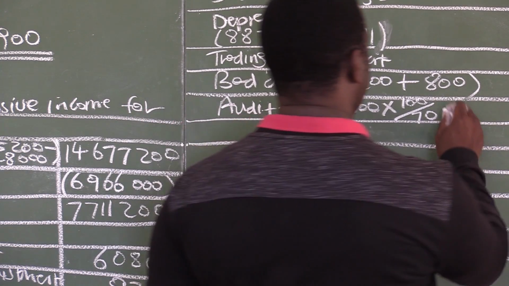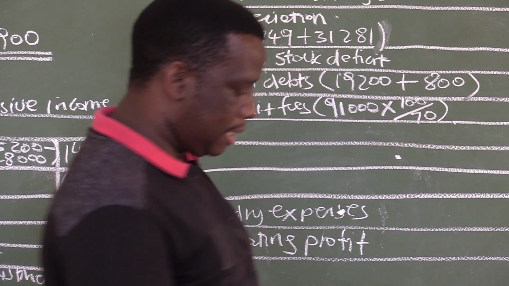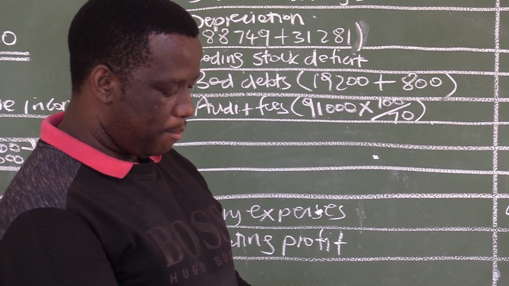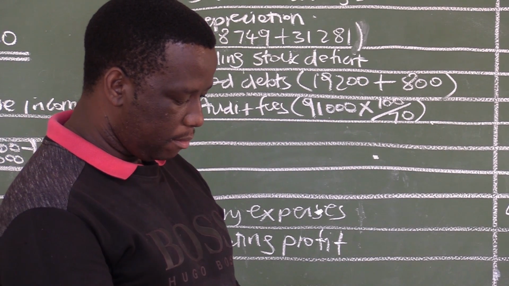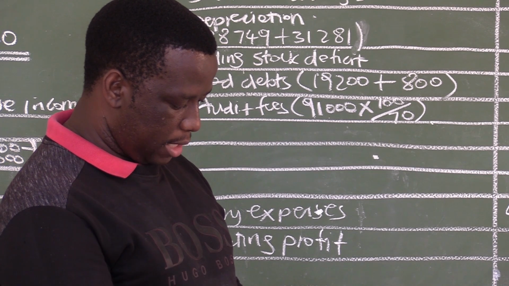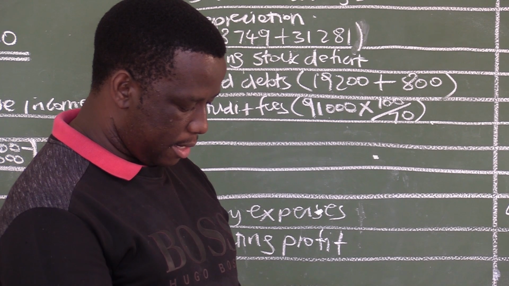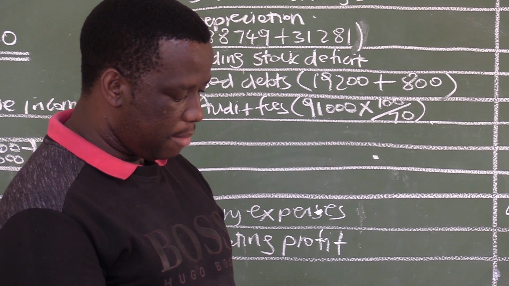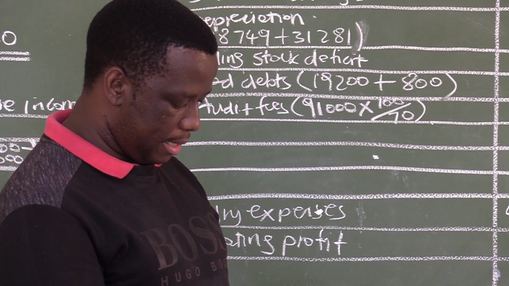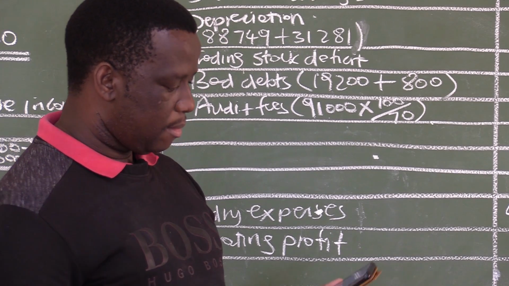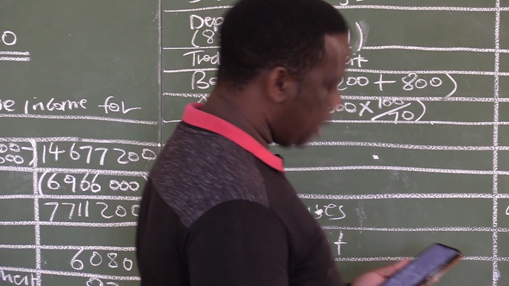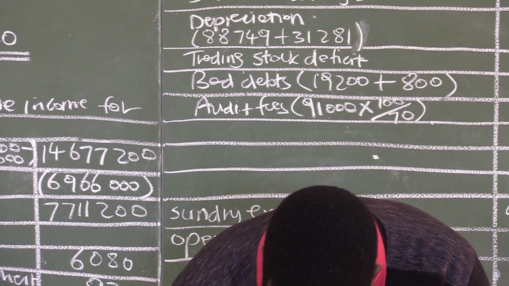So it will be 91,000 multiplied by 100 divided by 70. This is 130,000. Let me check.